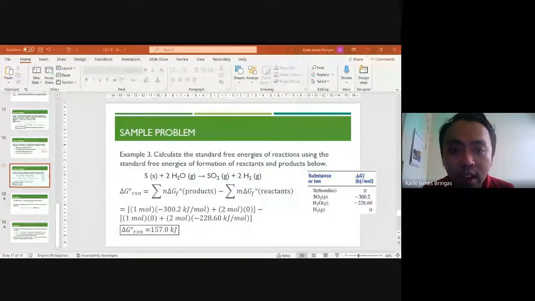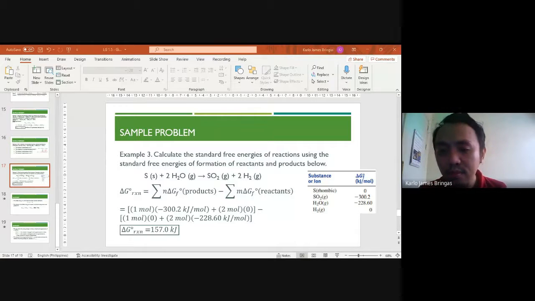So for this one, let me ask muna you guys. So example number 3, gets lang ba how we answered this one? Or are there any questions regarding example 3?